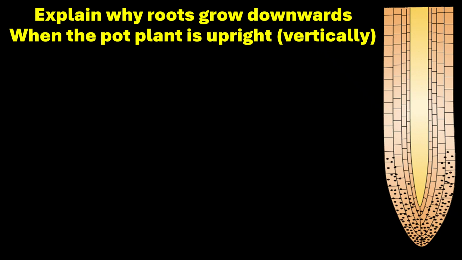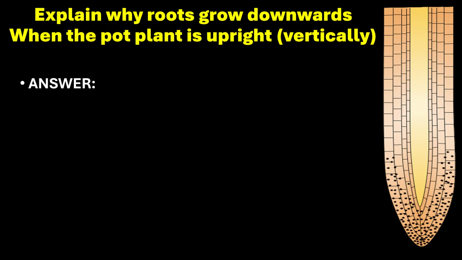Now, let us look at this also. We are trying to explain why roots grow downwards when the pot of plant is placed vertically. Explain why roots grow downwards when the pot of plant is placed vertically. So why is the root growing down?